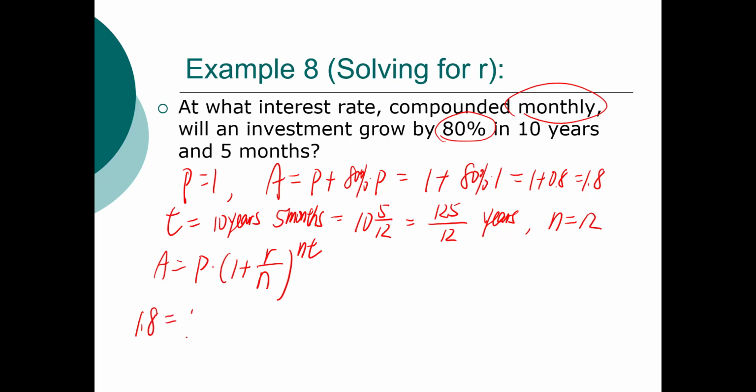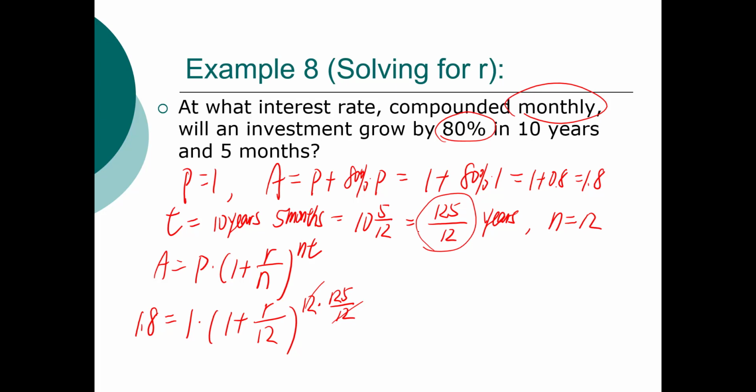P, the principal, is 1 unit, so it's 1 plus the rate, what we're looking for, over the number of compounding periods per year, 12, to the power 12 times 125 over 12. As you can see, we're going to cancel 12. That's why this step of converting the time t to an improper fraction is very crucial here.